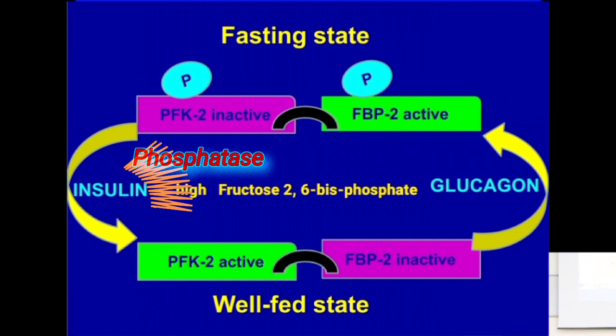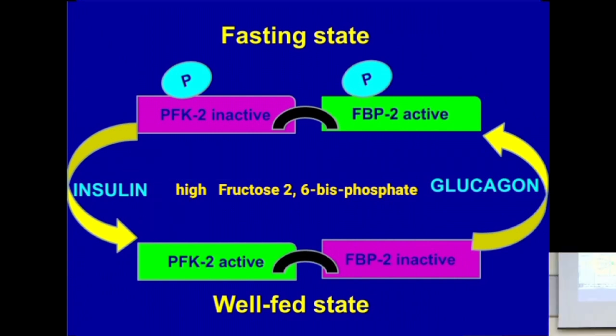By a phosphatase. And I want you to pay attention and see what happens here with the colors. The green for PFK2 means that it is active, which means it can take fructose 6-phosphate and make fructose 2,6-bisphosphate.